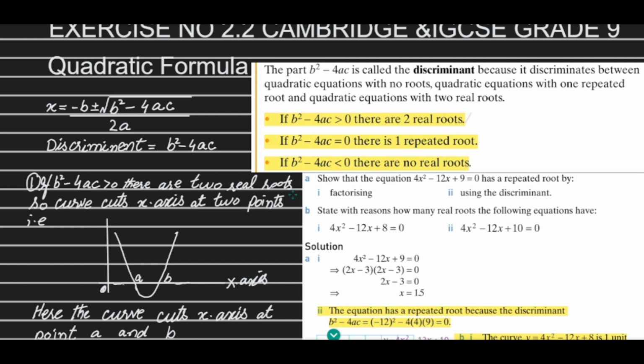Now we discuss the curve. Condition number one: if the discriminant is greater than 0, that is positive, there are two real roots.